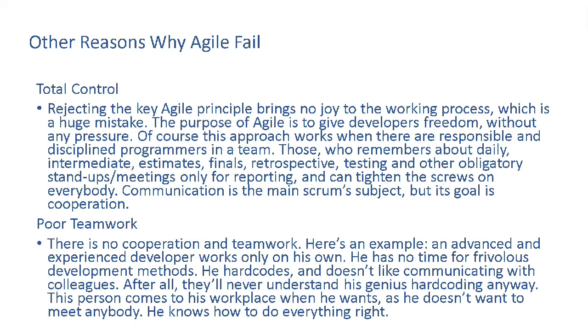Other reasons why Agile fails. Principle brings no joy to the working process. The purpose of Agile is to give developers freedom without any pressure. Of course, this approach works when there are responsible and disciplined programmers in a team.